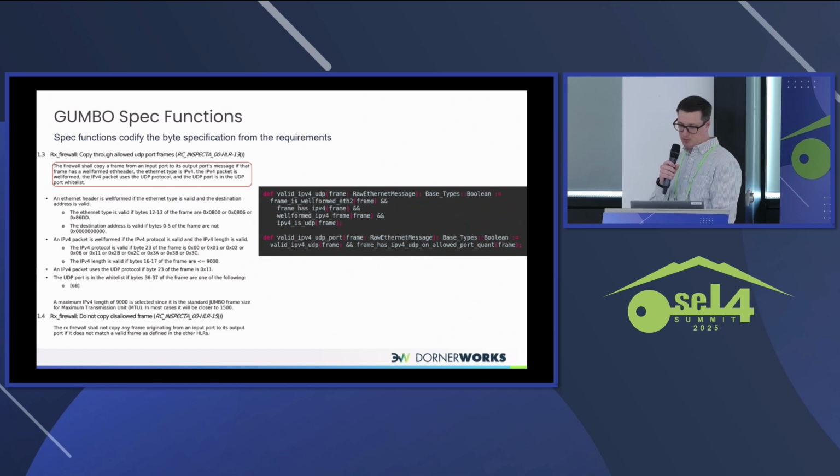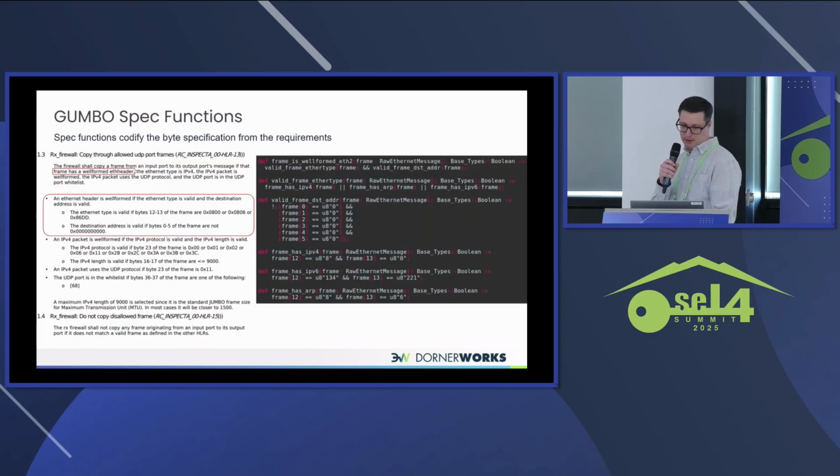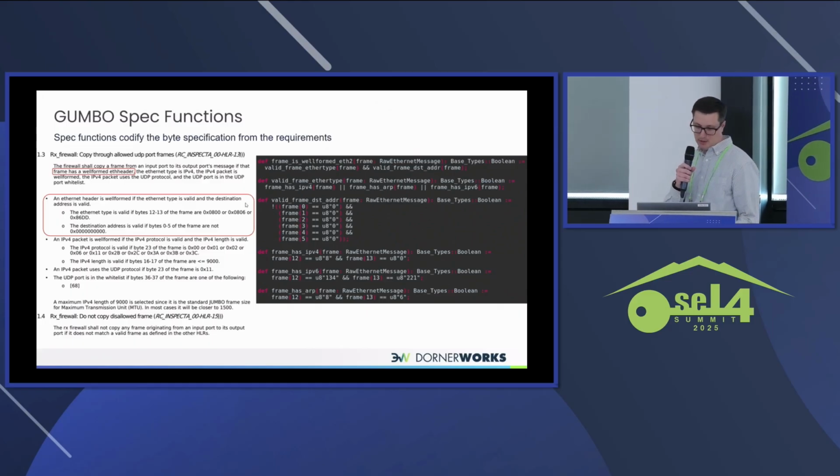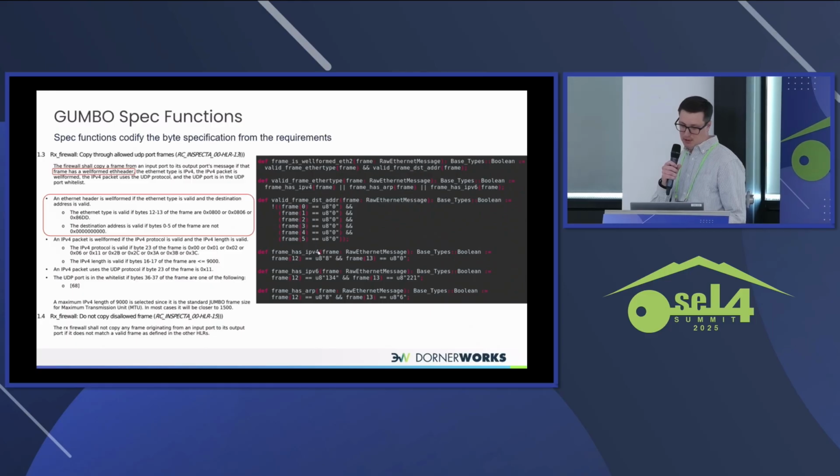So it matches up quite well between the natural language requirement and the specification. And so drilling down just a little bit more, the well-formed Ethernet header is two conditions, which is that you have a valid ether type and you have a valid frame destination, which is just that the frame destination can't be all zeros, and then it's one of these known byte patterns for IPv4, IPv6, or ARP.